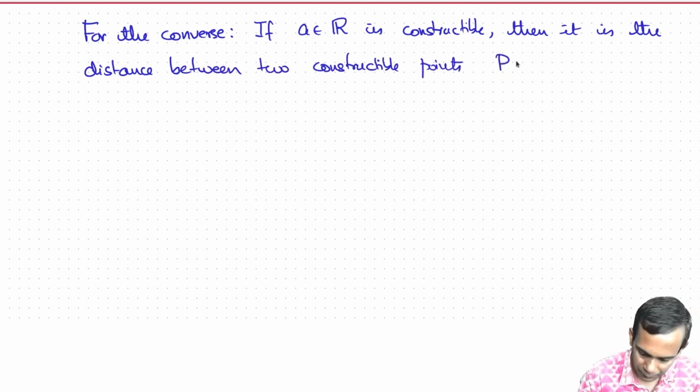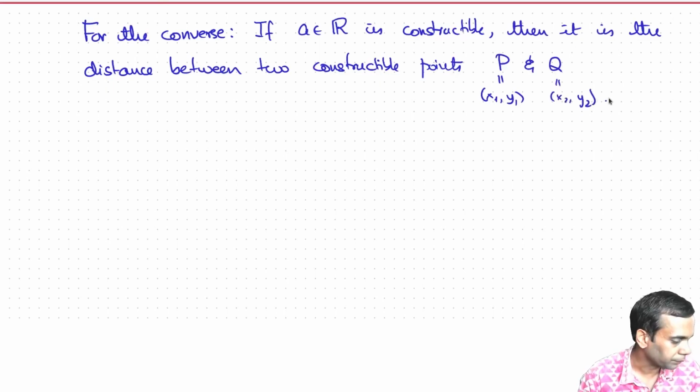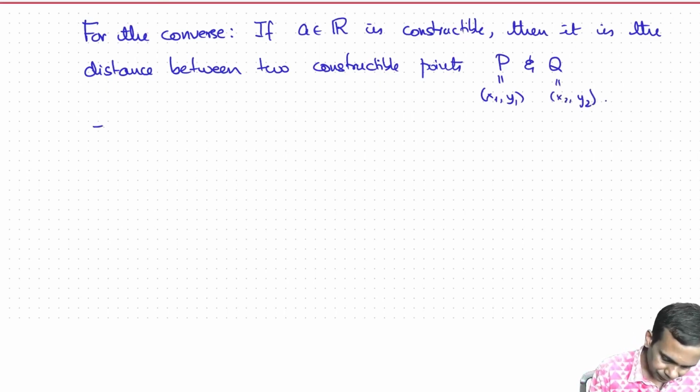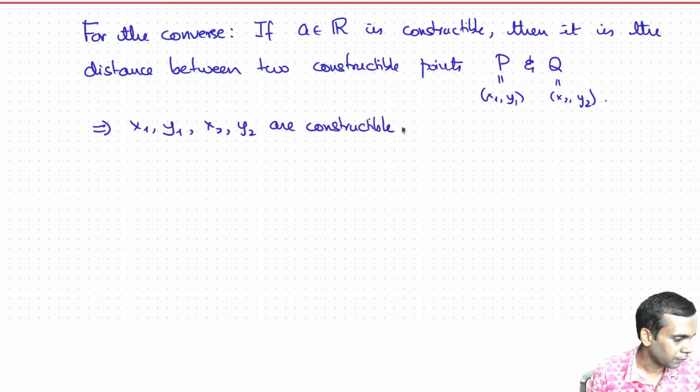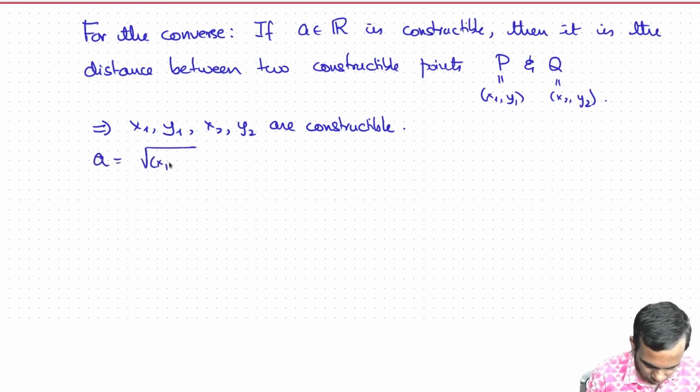Let's call them P and Q. So let's say P is (x1, y1) and Q is (x2, y2). So this means that the coordinates x1, y1, x2, y2 are constructible. And so now this distance between P and Q, A, is equal to the square root of (x1 minus x2) squared plus (y1 minus y2) squared.